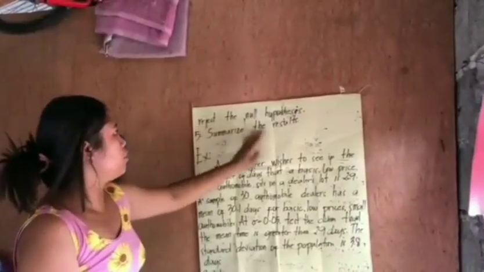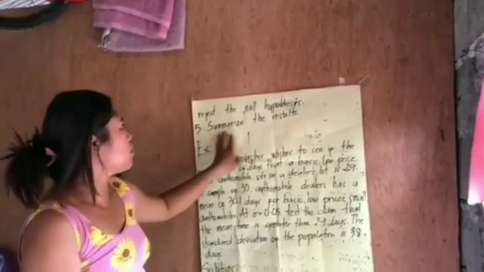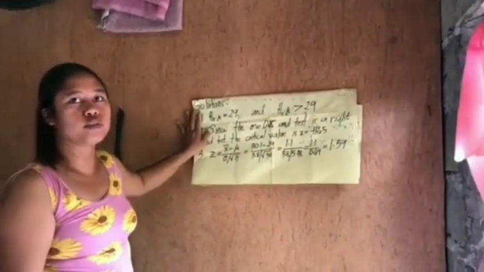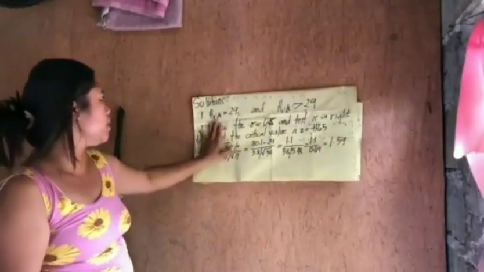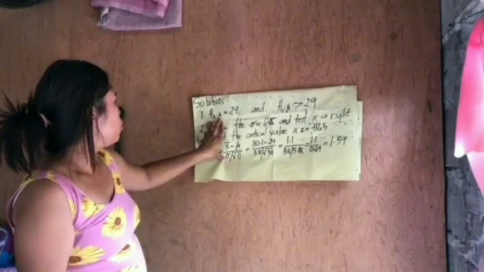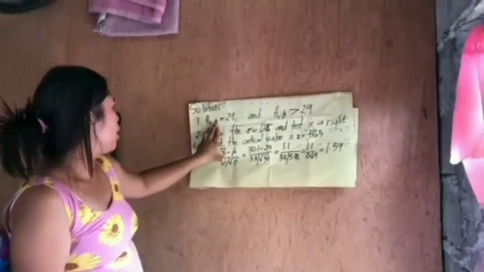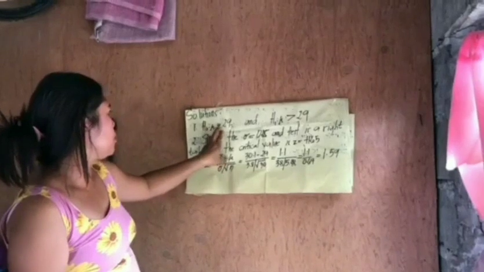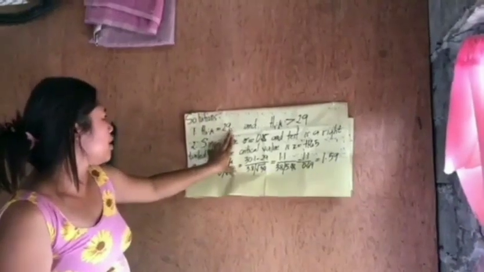Reject the null hypothesis. 5. Summarize the result. So, this is the example solution of the z-test for the mean. Number 1 is H0, the null hypothesis: population mean equals 29.